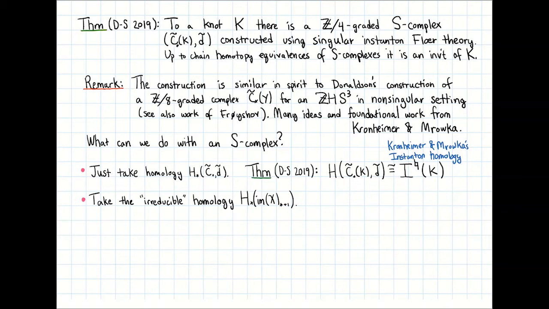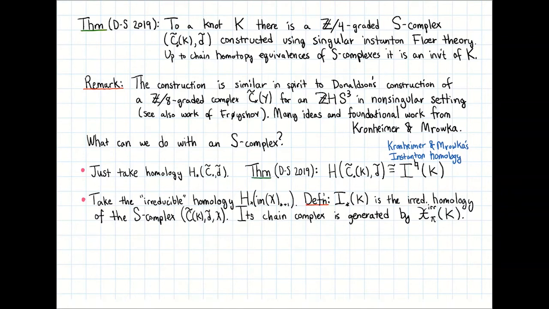Another thing you can do with an S complex is take what we call its irreducible homology. So on the previous slides, when we decomposed C tilde and wrote it as C star plus C star minus 1 plus Z, the irreducible homology is just taking the homology of C star. Another way of saying that is to take the homology of the image of chi up to a grading shift.